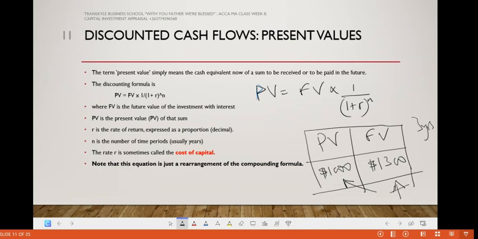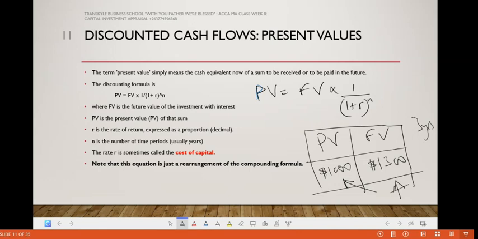So the future value is the amount you're going to obtain in future. The present value is the value of the amount you're going to invest today. That is the basic of it.